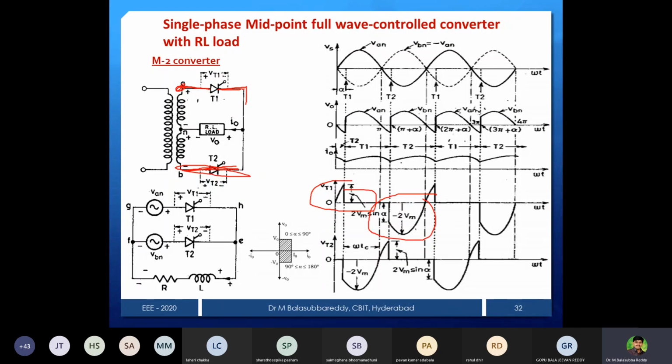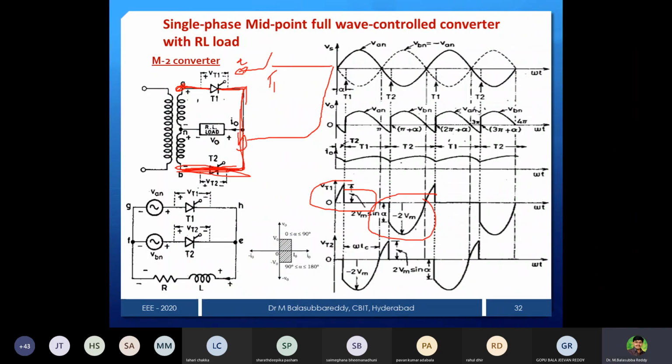Because T2 is already on, it is also at the same voltage. I want to measure at this point across T1, so this point is connected to A and this point is connected to B.